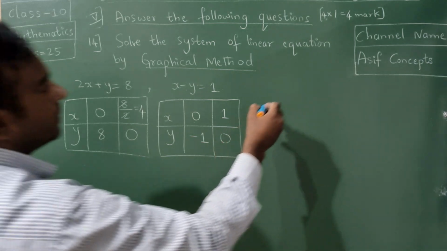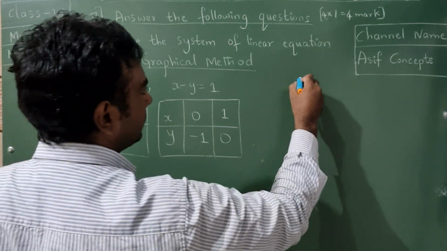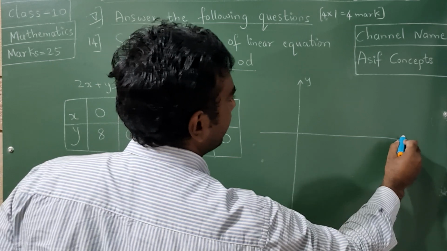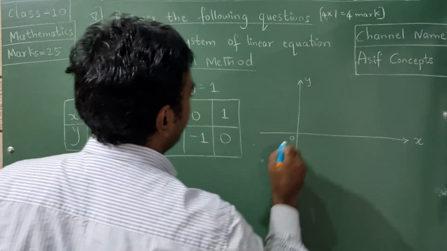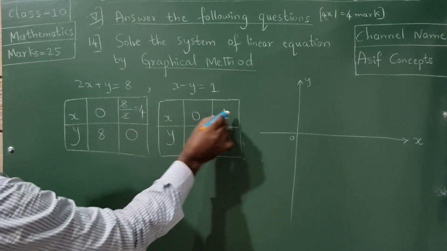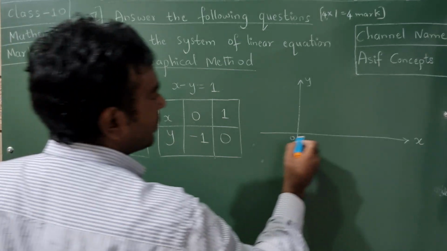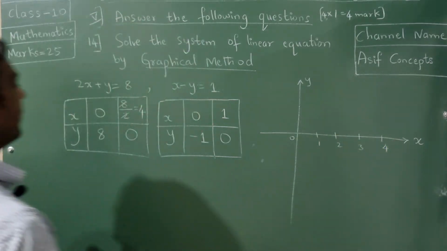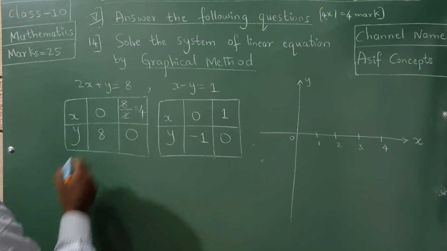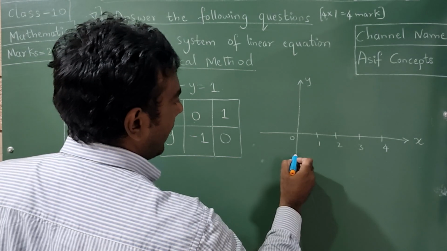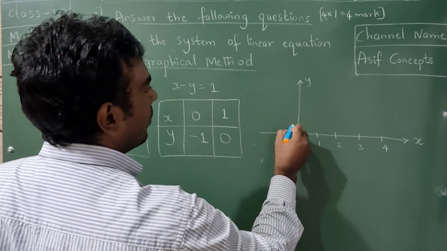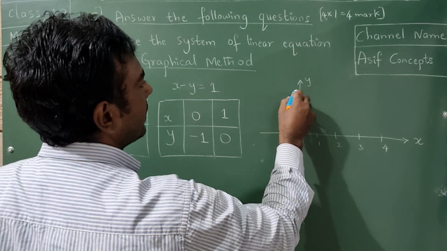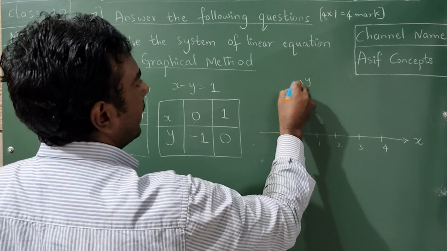Present this in the graph. This is the y-axis, this is the x-axis. Now for the x term, the highest number is 4, so 0, 1, 2, 3 and 4. And on the y-axis, the highest number is 8, so 1, 2, 3, 4, 5, 6, 7 and 8.